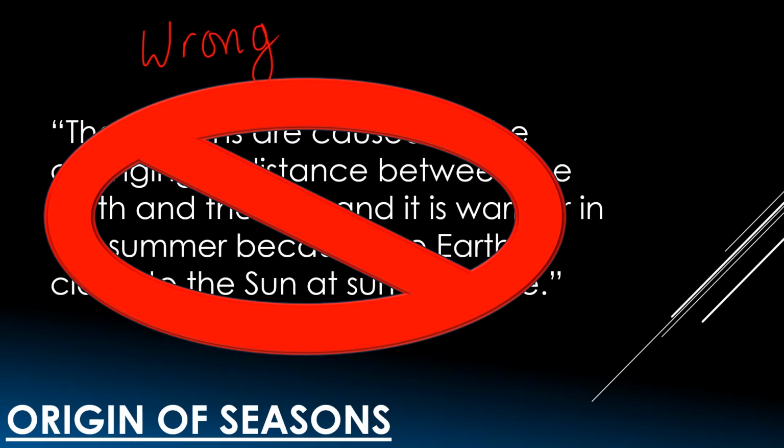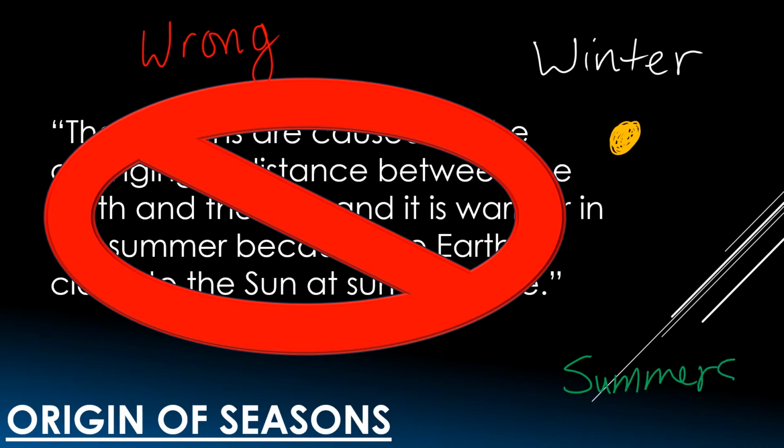It's a common misconception that the Earth's summers are caused by our proximity to the Sun. In fact, in the Northern Hemisphere, during our winter months, we're actually closer to the Sun than we are during our summer months. And that's in the Northern Hemisphere.